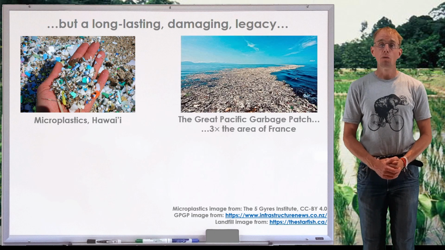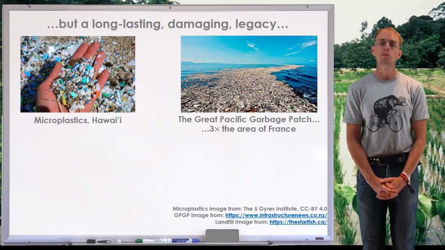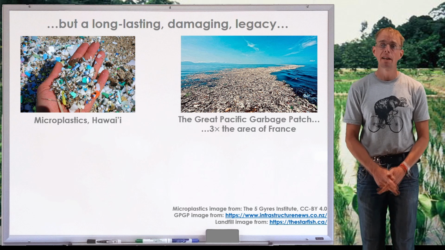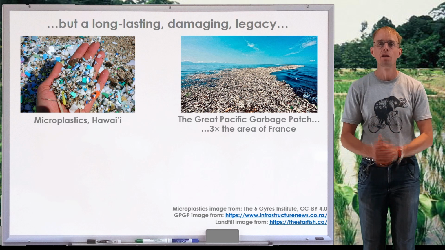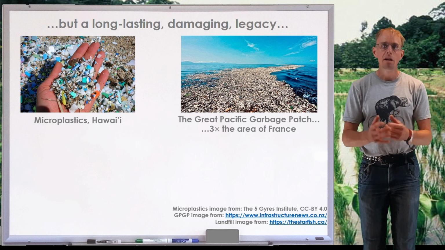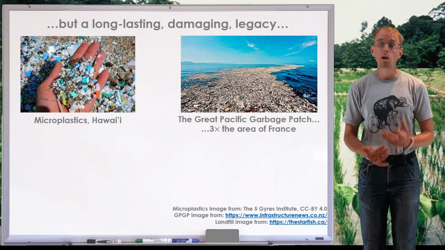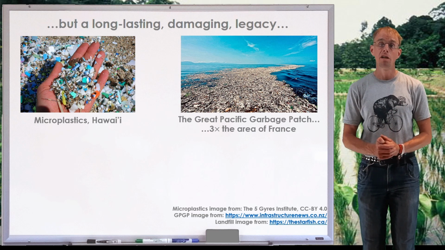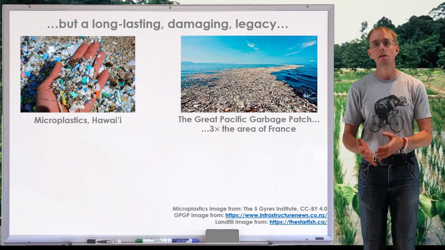Macroplastic pollution is also a huge, huge problem. I've put on the board there a picture of the Great Pacific Garbage Patch, which gobsmackingly is 3 times the area of France. And this is contained in one of the gyres, one of the big ocean currents in the Pacific Ocean. Now, there has been some work to try and clean this up, and it's heartening. It's going to take a long time because of the sheer scale of it, but it shouldn't be there in the first place.